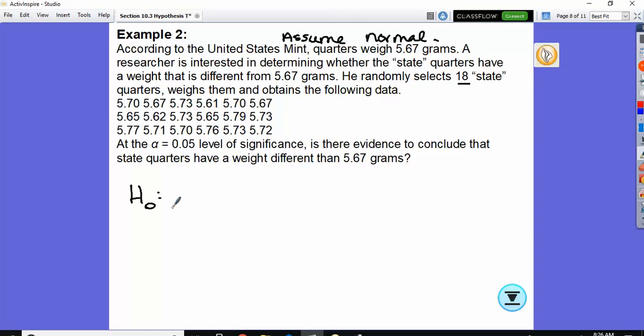So what is my null hypothesis? Mean equals 5.67. What is my alternative? Not equal.